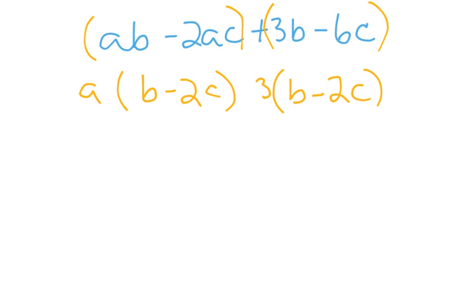Well, if you look above you, it is a positive 3. So you can add that. And then when you're writing out your final factoring, you include the positive. So we have a plus 3 times the quantity b minus 2c. And we are done.